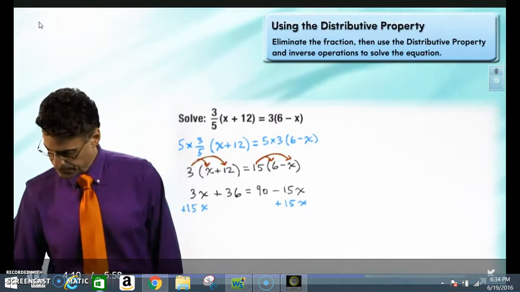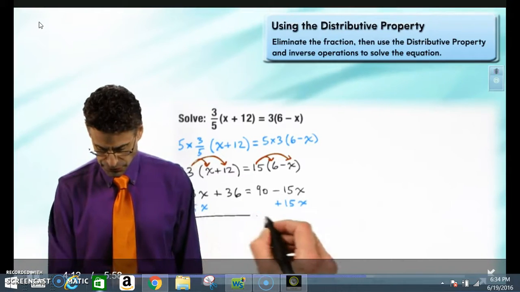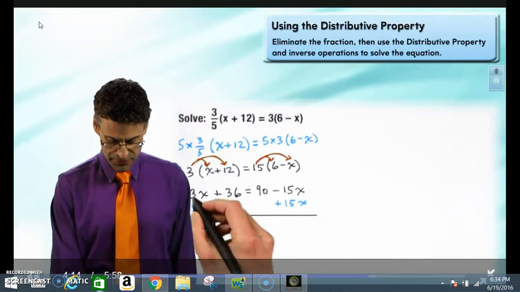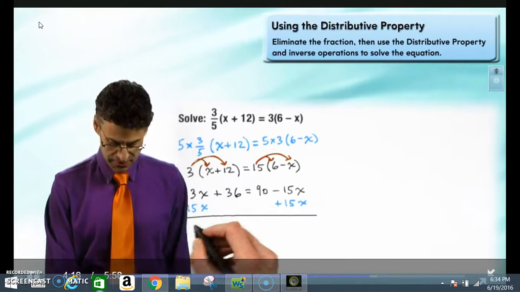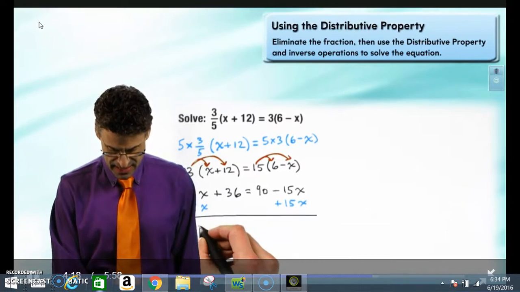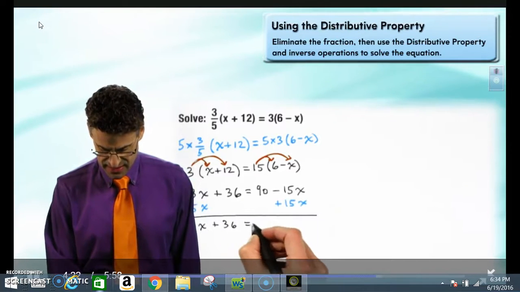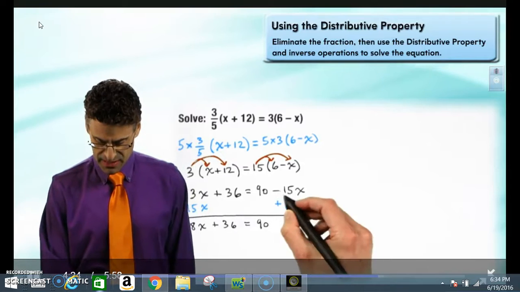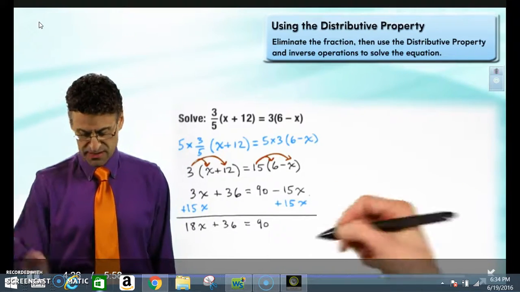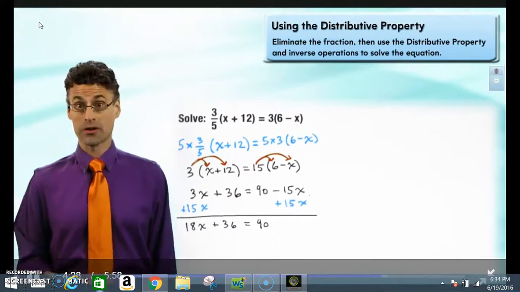And when I do that, what's the result? Yep. Well, on this side I have 3x, and I add 15 more x's, so I'm going to have 18x. And then here I have plus 36, and that equals 90. And then minus 15x plus 15x is just 0, so all I get is 90. So this is great progress.